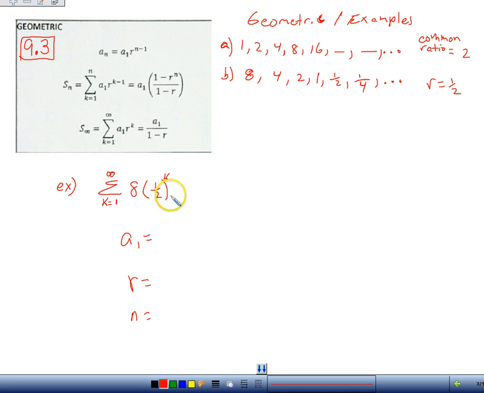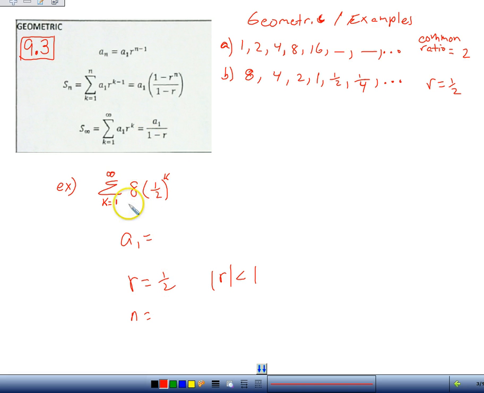Another way to know when it is possible to add it is when the common ratio, and in this case the common ratio is equal to 1/2, because it's right here inside the parentheses, and you can see here that r is the base again. Okay, so when the common ratio is within 1 unit away from 0, then it is possible to do the calculation.